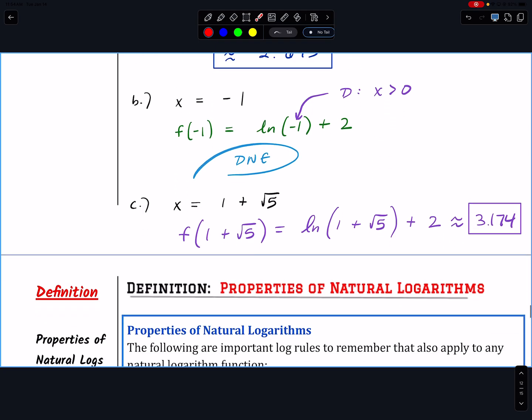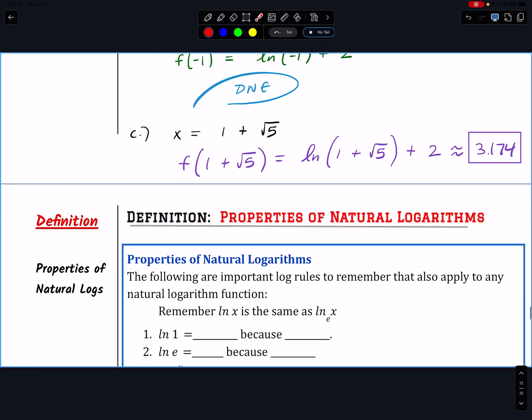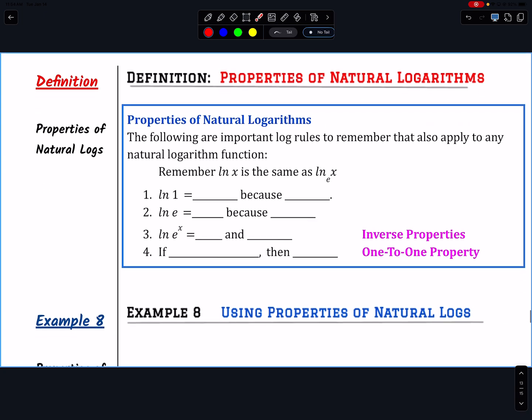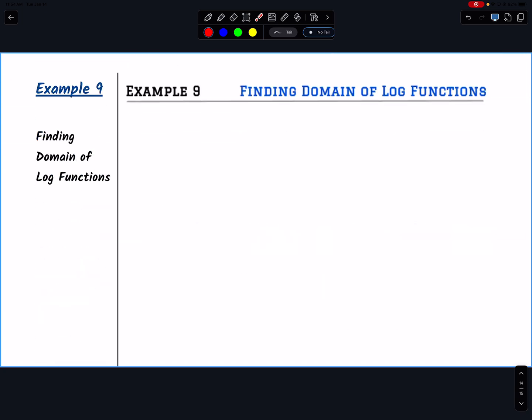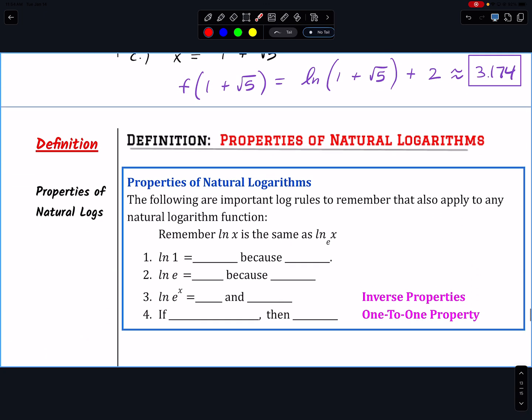Okay. The next thing we're going to talk about is some properties. So some important things. Ooh, whoa. Calm down. My iPad went a little crazy. Sorry.